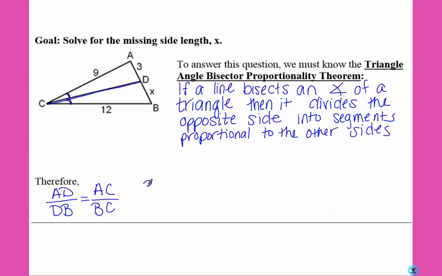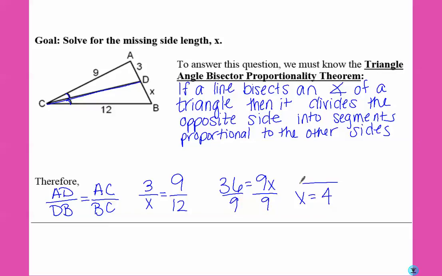So 3 over x will equal 9 over 12. You can cross multiply, which would give you 36 equals 9x, and then divide both sides by 9 to get that x equals 4. Or you may have noticed, to go from 3 to 9, I would have to multiply by 3. So what number would I multiply 3 by to get to 12? X must be 4 then.